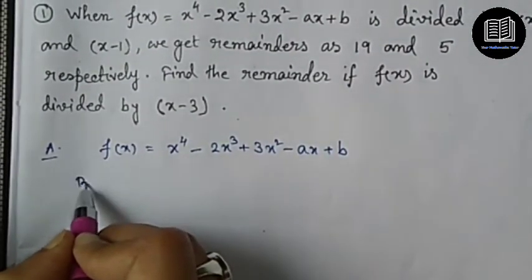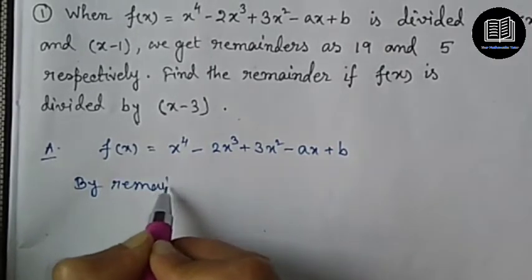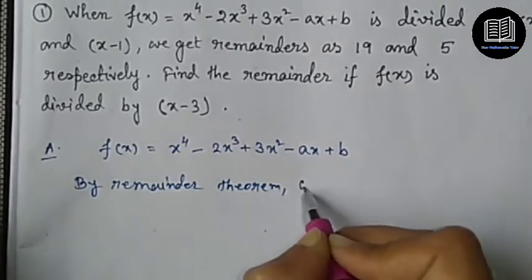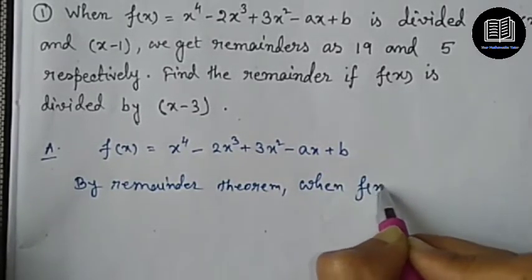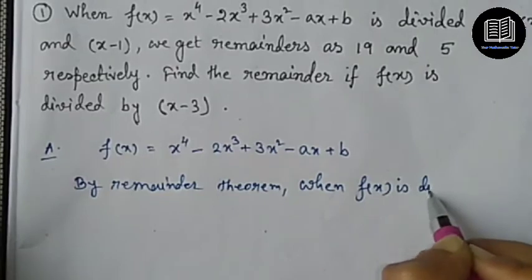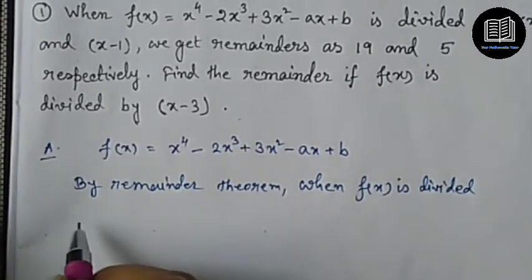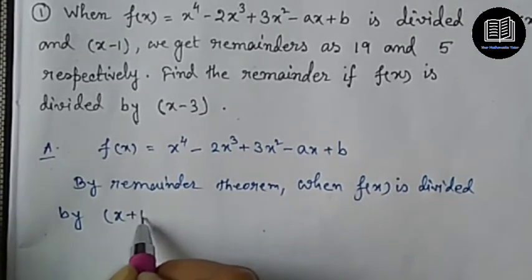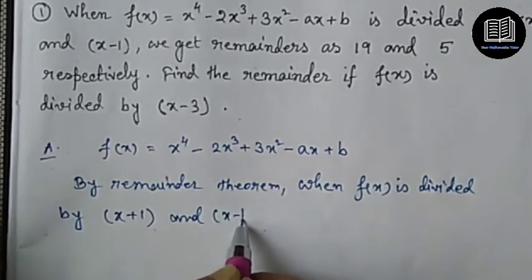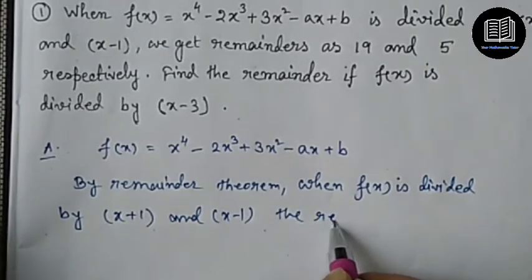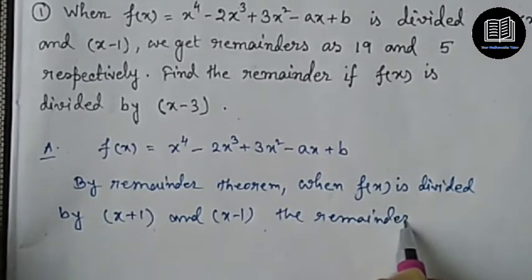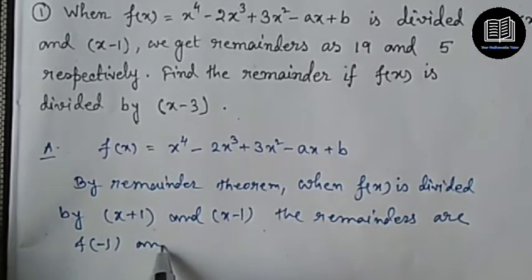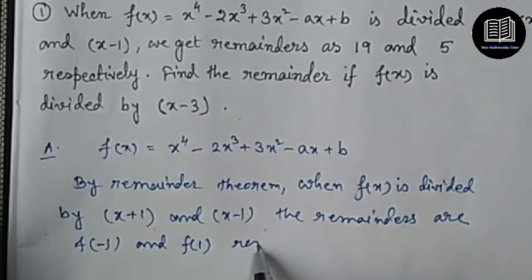by remainder theorem, when f(x) is divided by x plus 1 and x minus 1, the remainders are f of minus 1 and f of 1 respectively.